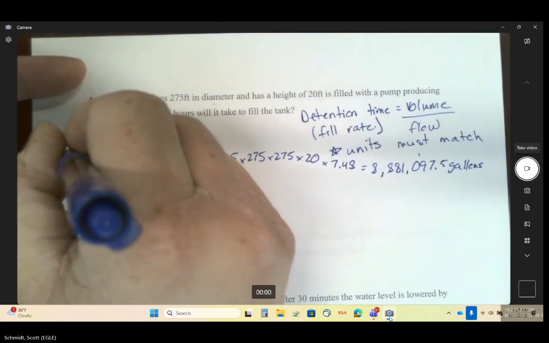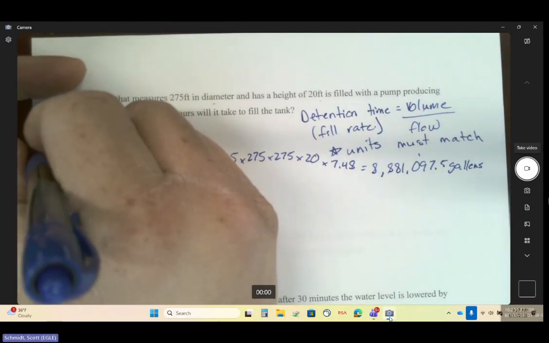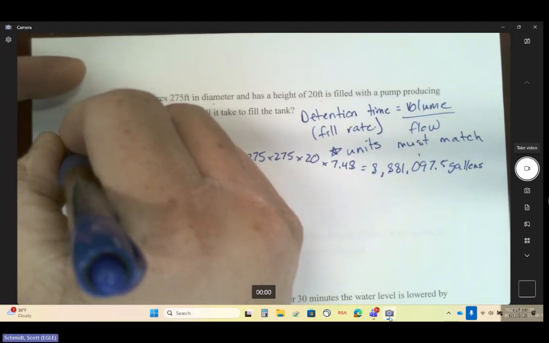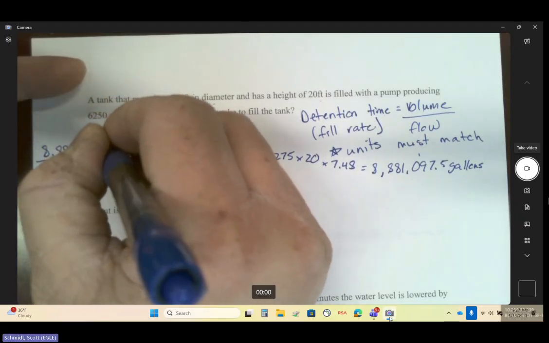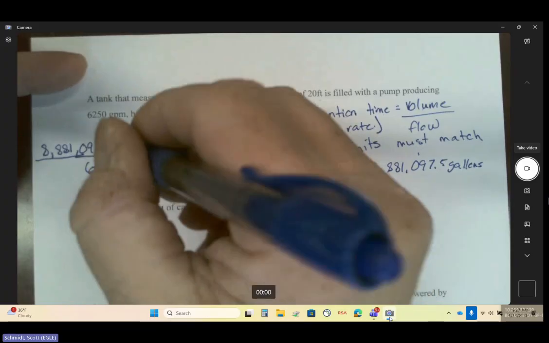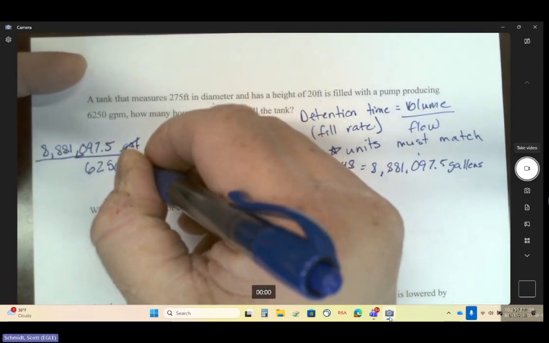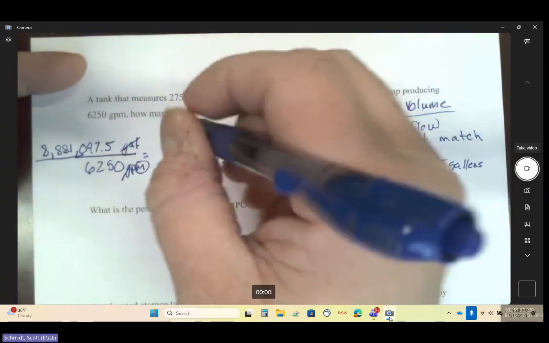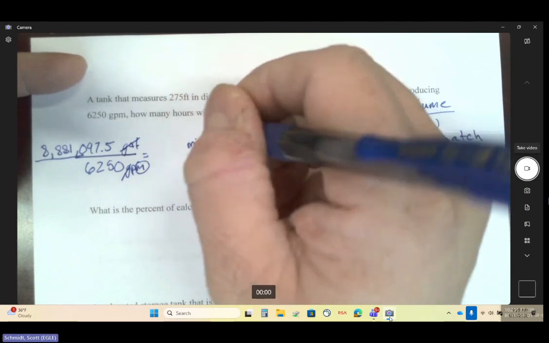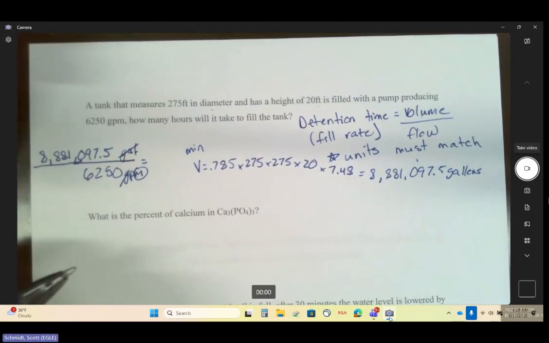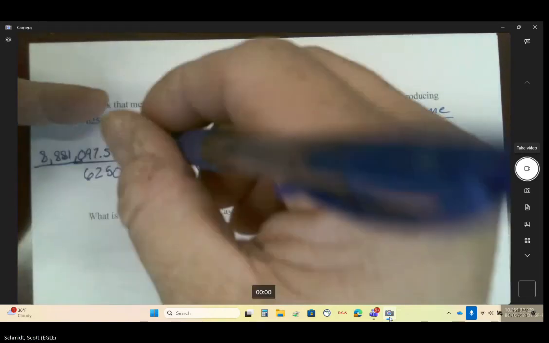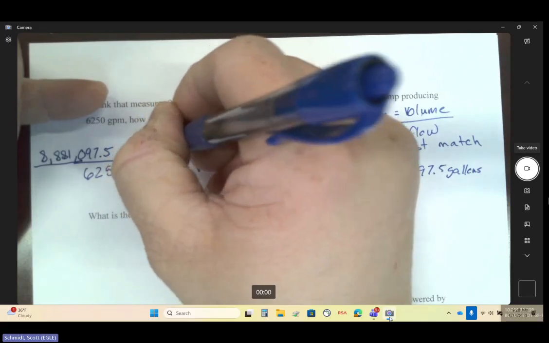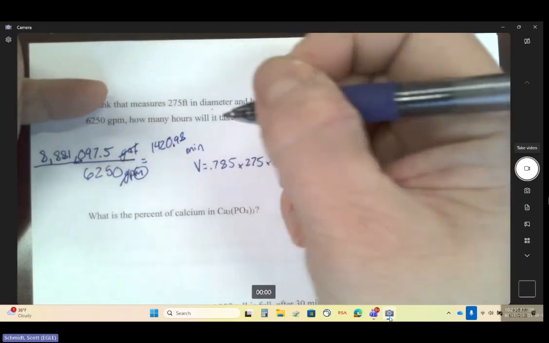So I need to put this over here, 8,881,097.5 gallons. Now, when I divide this, gallons goes away and it leaves me with minutes. So I'm going to end up with a unit in minutes. Divide by 6250, 1,420.98 minutes.